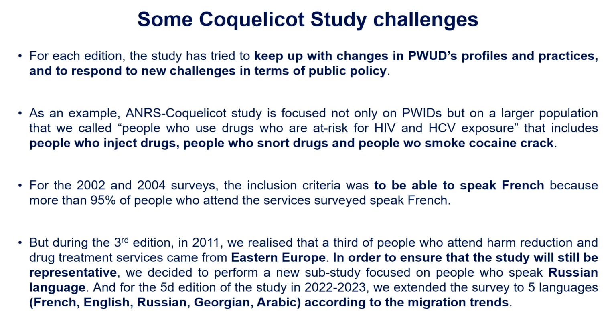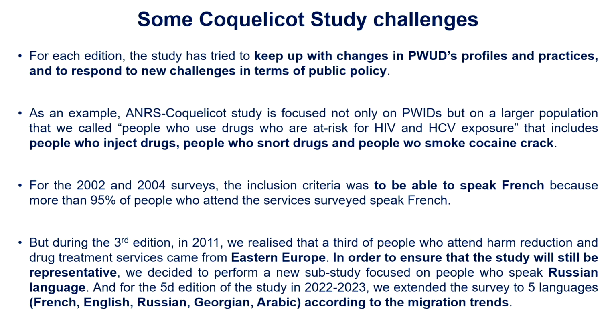For each edition, the study has tried to keep up with changes in people who use drugs' profiles and practices, and we also try to respond to new challenges in terms of drug policy.